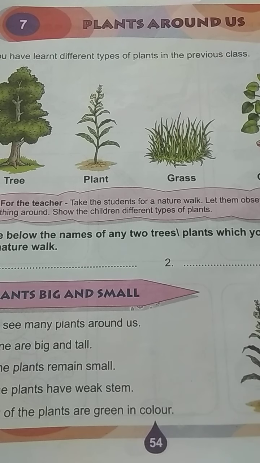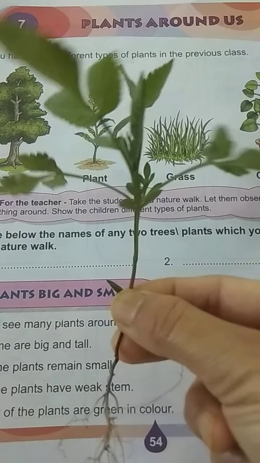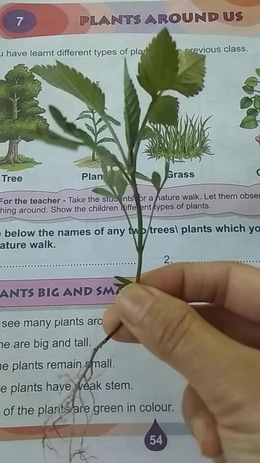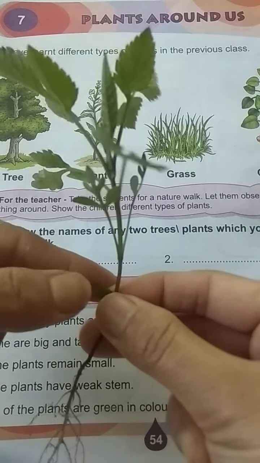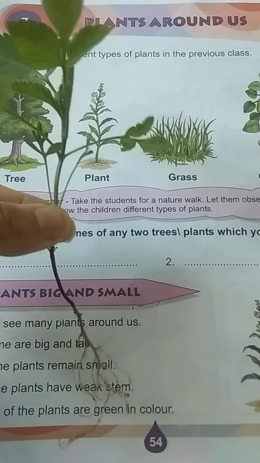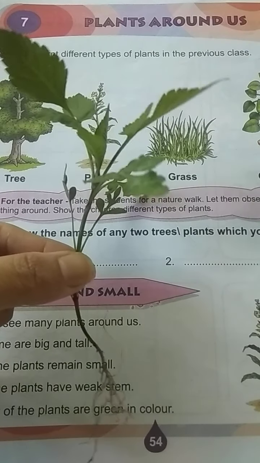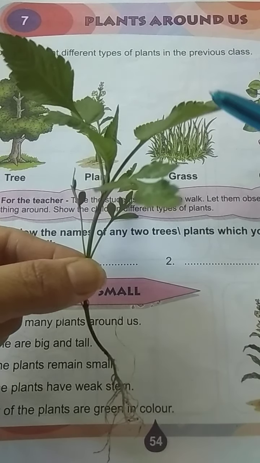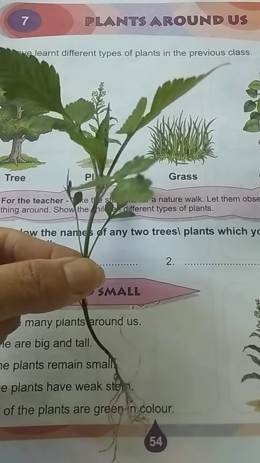I'm going to show you one plant I have brought from outside, and today first we will talk about it. If you see it carefully, the first thing that attracts you is the green leaves of this plant.